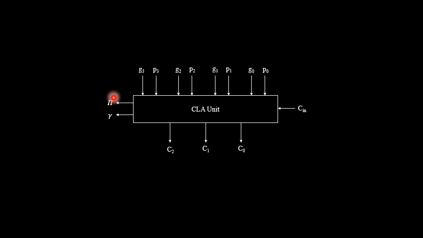So C3 will be in terms of pi as well as gamma, and it will have the further outputs, that is the carry outputs from the intermediate stages as C0, C1 and C2. So this is a carry look ahead adder cell considering the enhanced technique, wherein I include the concept of pi as well as gamma signal. Here C3 is written in terms of pi as well as gamma, because the main carry output generated from this unit is nothing but C3.